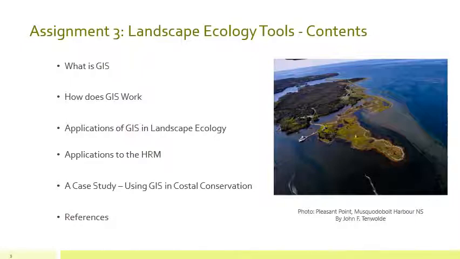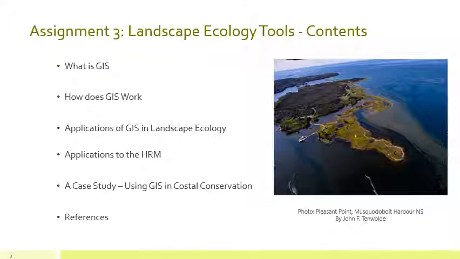Assignment 3 is on landscape ecology tools, and I have specifically chosen to focus on geographic information systems, which is GIS. We're going to talk about what it is, how it works, what kind of applications it can have in landscape ecology, and then finally I'm going to apply it to the HRM.